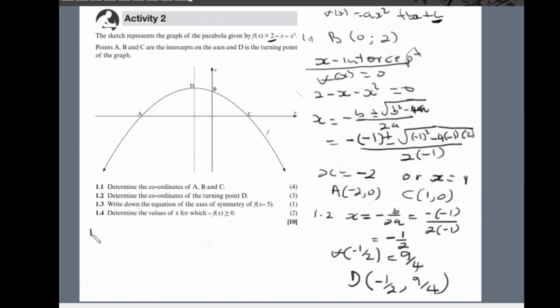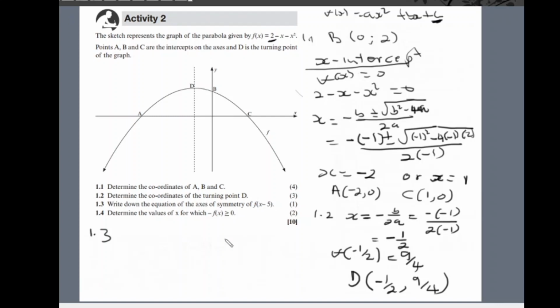And then 1.3, write down the equation of the axis of symmetry of f of x minus 5, right? Now this is where the first activity that we did comes in.